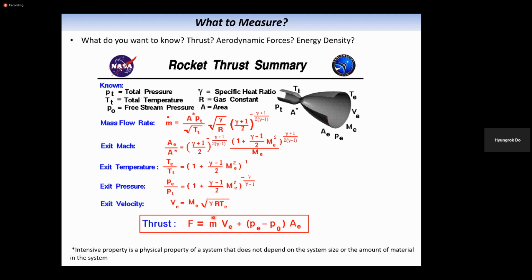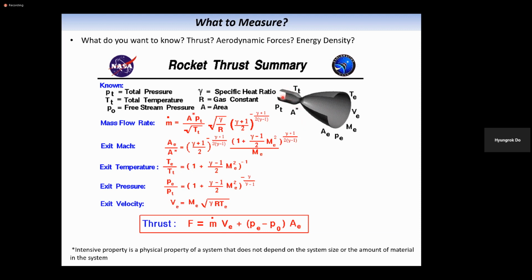Mass flow rate can be measured at any location, but all the mass flux should be measured. And maybe you will want to choose the smallest cross-sectional area at the throat. At the throat, there are many useful theoretical backgrounds that can give you the mass flow rate. At the throat, your Mach number will ideally be 1 because this is a supersonic nozzle.